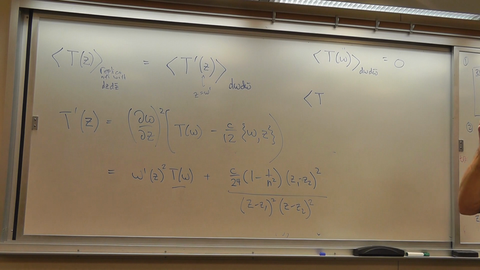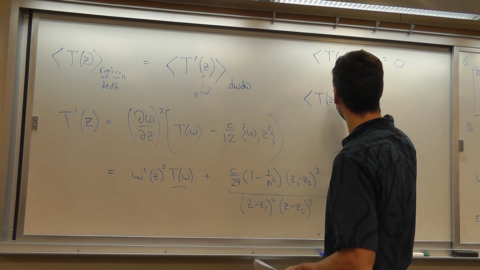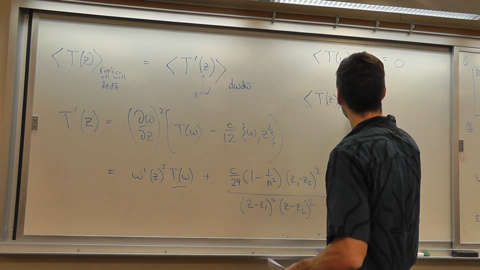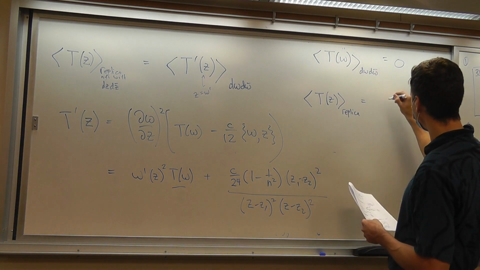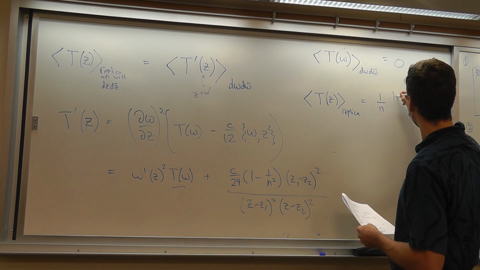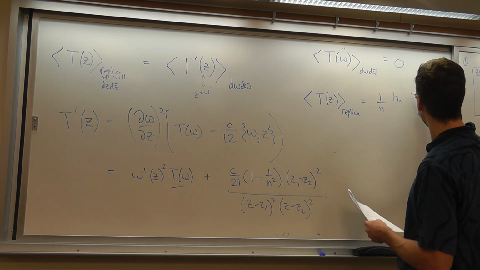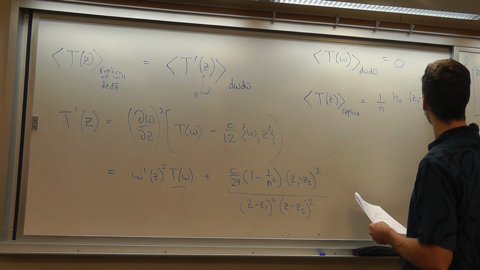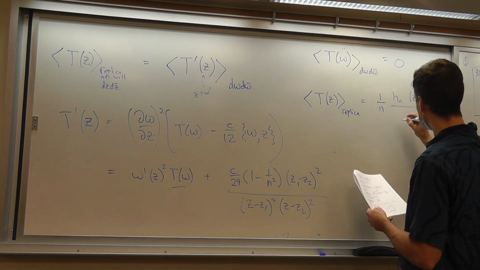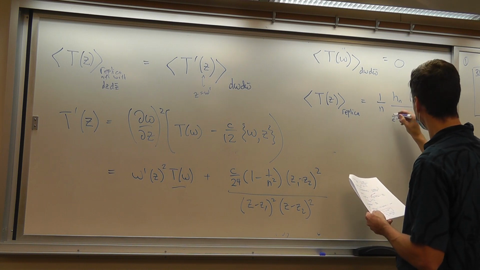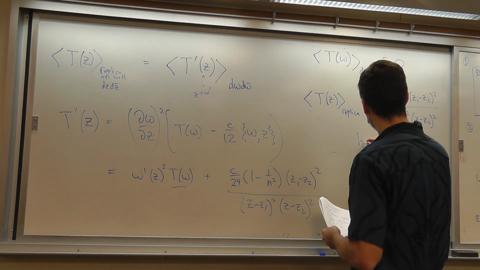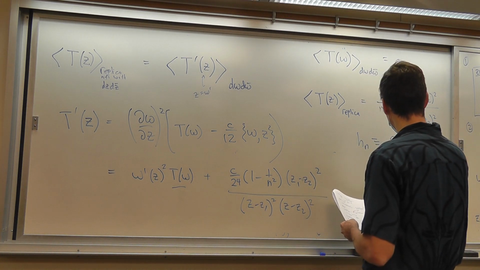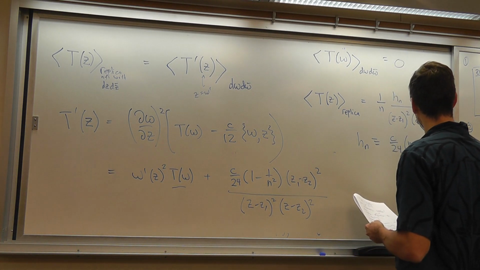It's just the second term. So what we've found is that T of z on the replica manifold is equal to, I'm going to write this as 1 over n times H sub n, z1 minus z2 squared over z minus z1 squared, z minus z2 squared, where H n is defined to be c over 24 times n minus 1 over n.